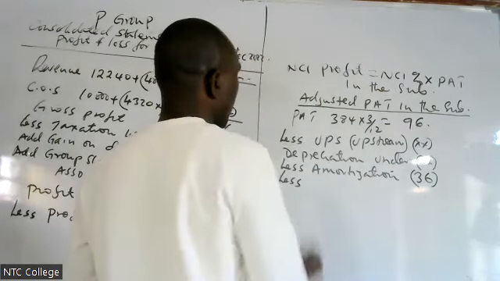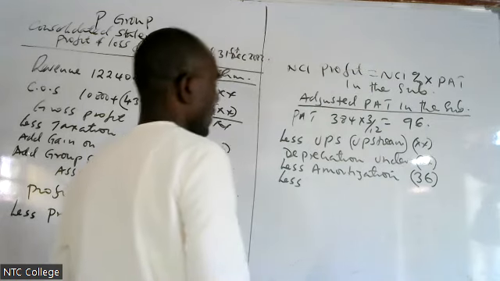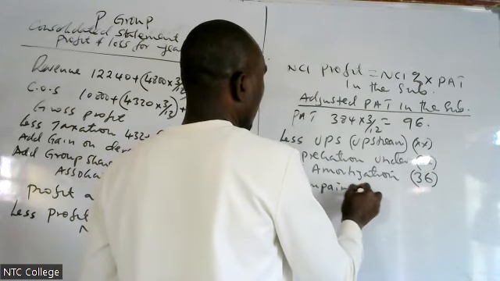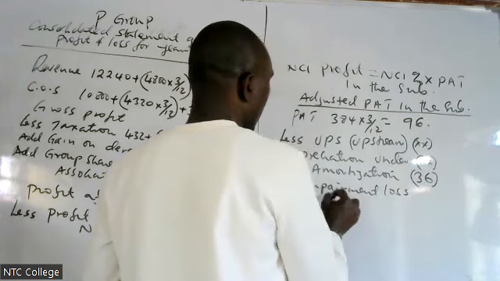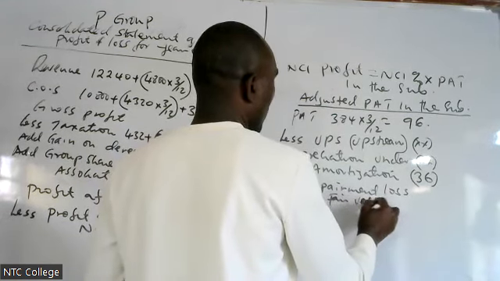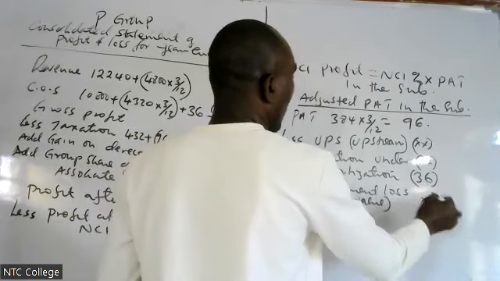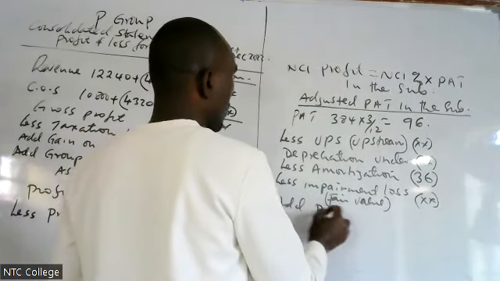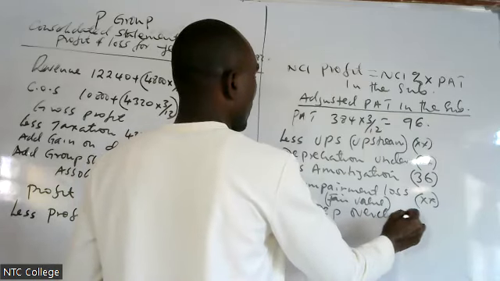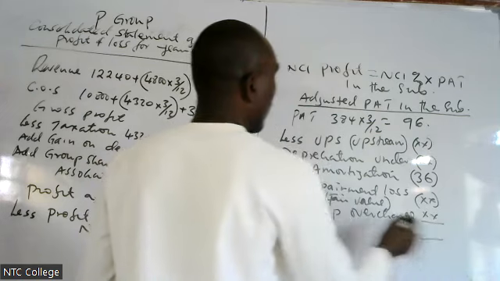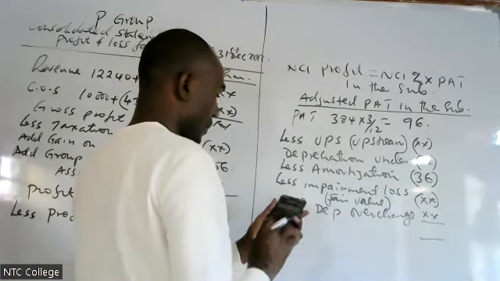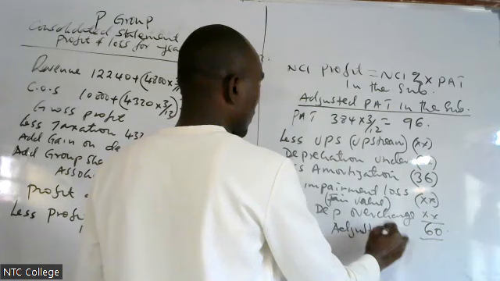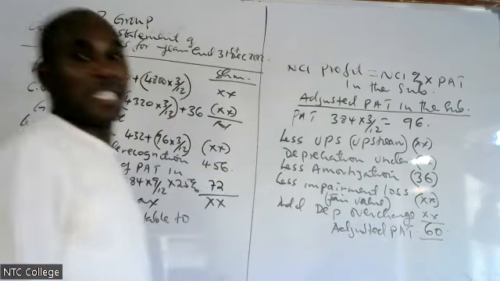We come to less impairment loss. If fair value method was used, this one we do not have impairment loss. Then we come to add depreciation overcharge. Therefore, I'm getting adjusted profit after tax of 60.